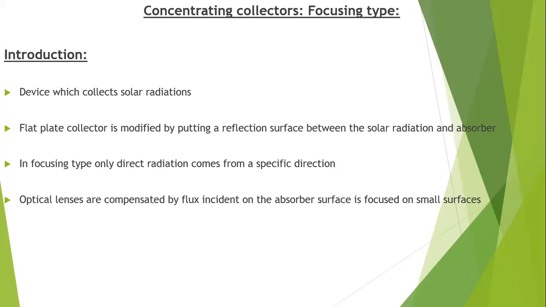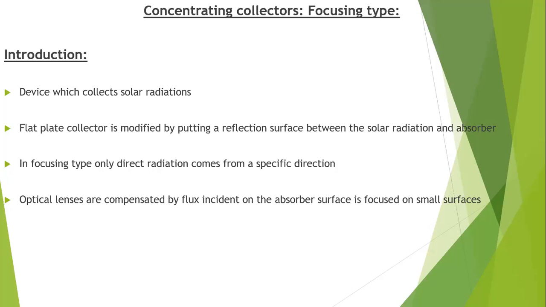So what is the main difference between focusing type and non-focusing type? In the focusing type, it concentrates only the direct radiation. In solar radiation we have direct radiation, diffuse radiation, beam radiation like that, but the focusing type concentrates only the direct radiation coming from a specific direction.